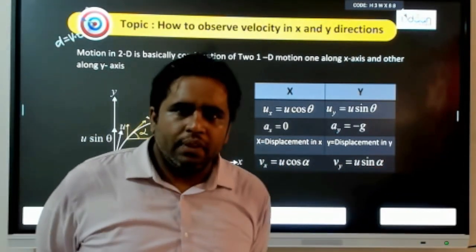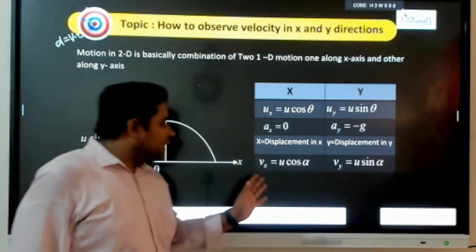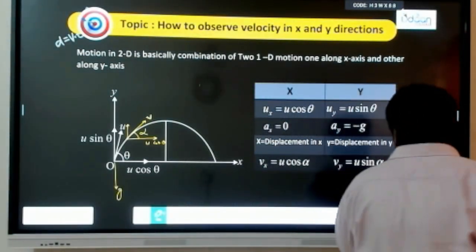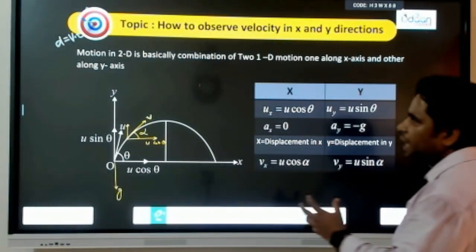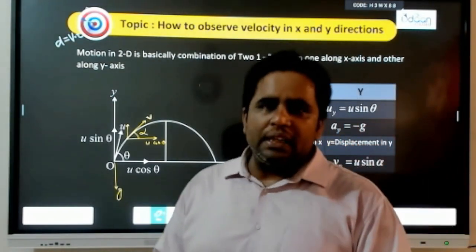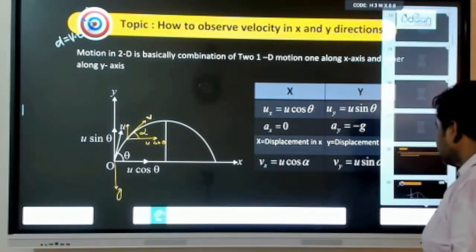Understood my point? We are just making the chart so that we can implement it to find the time of flight, maximum height and all those conditions. So please understand all these conditions, and depending upon this, I am moving ahead with the next part.